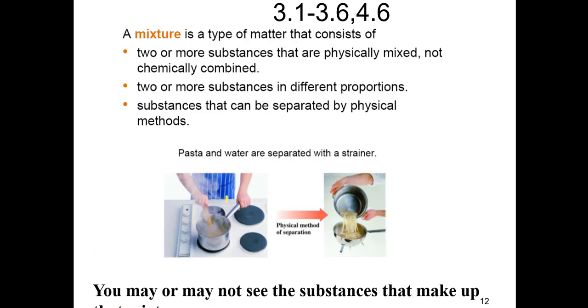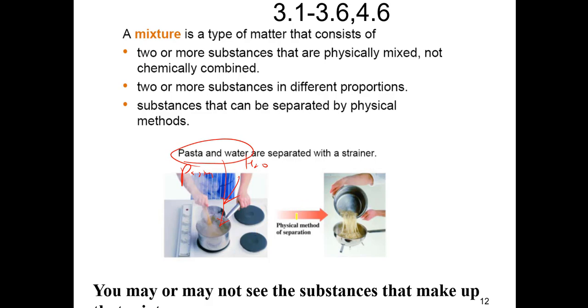At the beginning of this video, we talked about pure substances versus mixtures. A mixture is when you have more than one pure substance mixed together, such as water and pasta. So that is a mixture.